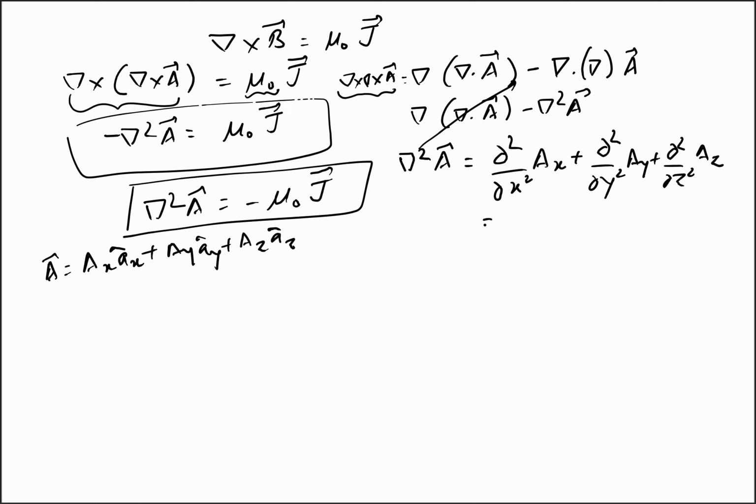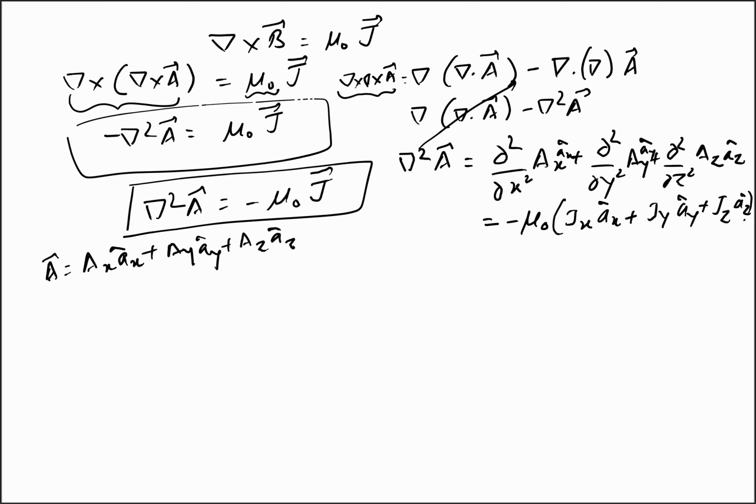Now I can write it is equal to minus mu naught J. Now I will express J in its component form, Jx plus Jy plus Jz. Of course these are components, so I need to write the unit vectors with them.